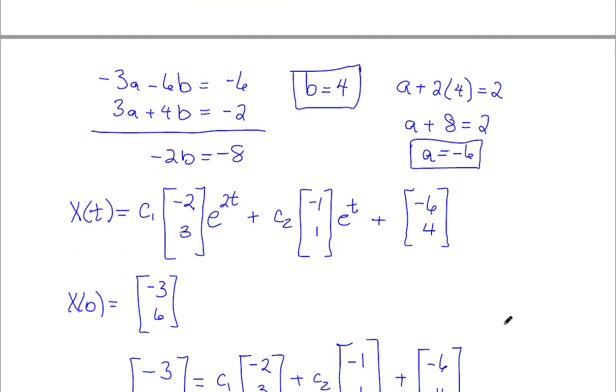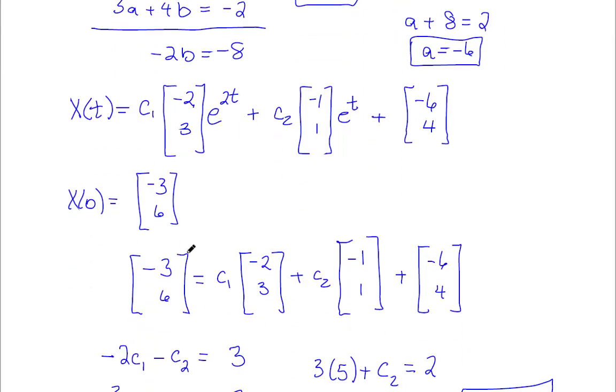All right, so far we are down to, here's my homogeneous solution plus my particular solution. Now we need to get into the game the initial conditions. Well, e to the 0 is just 1, so that's not present. And so I get minus 3, 6, c1, minus 2, 3, c2, and so on.